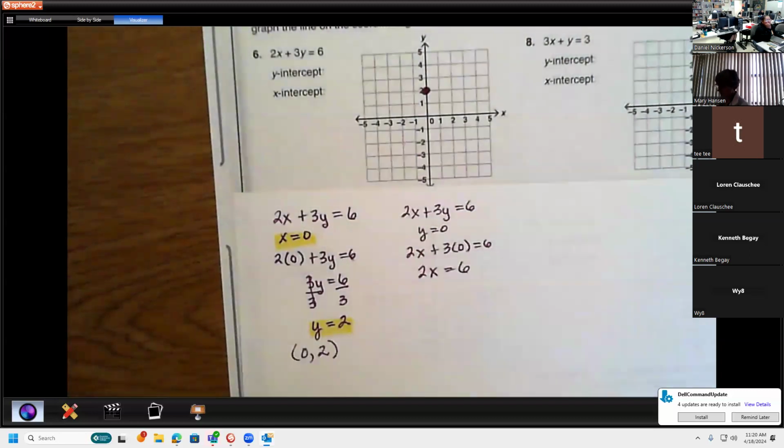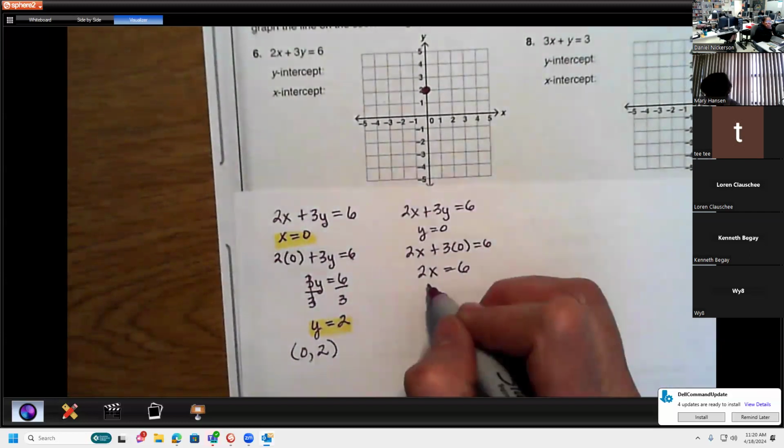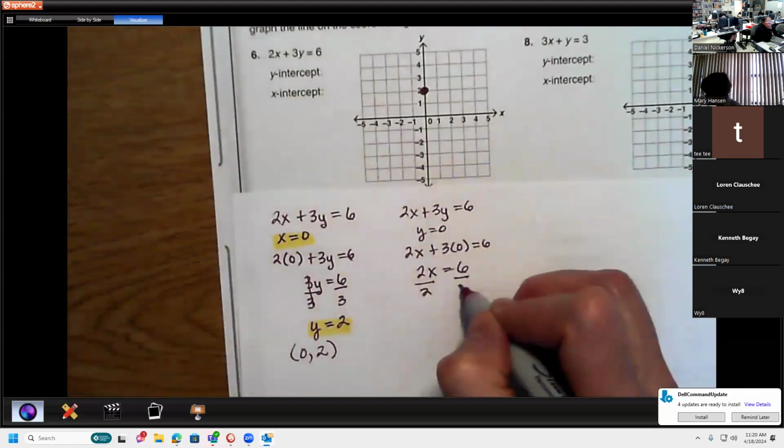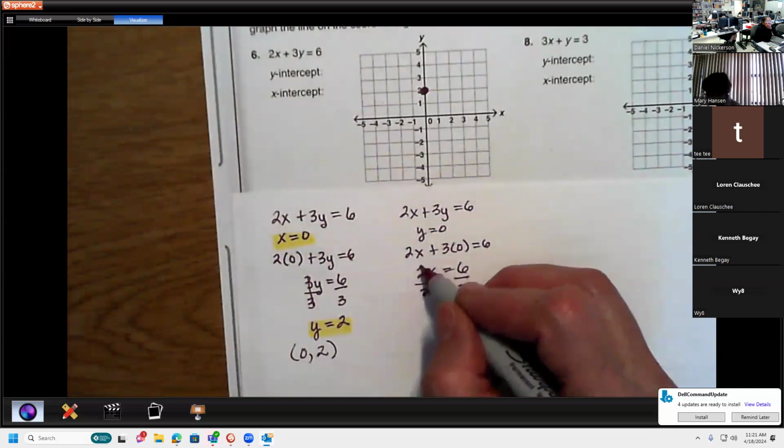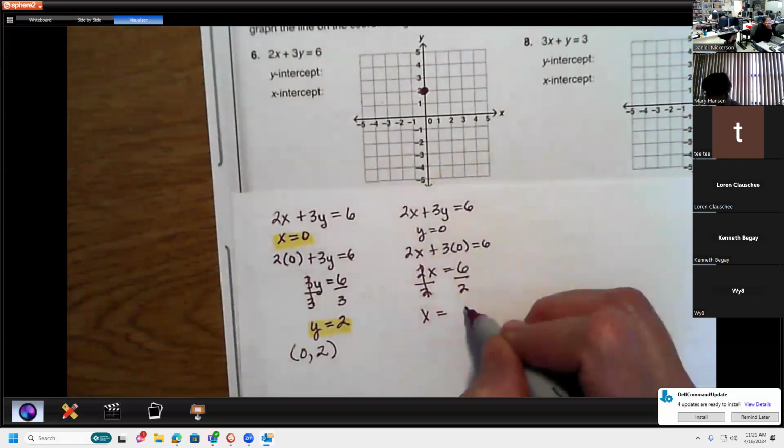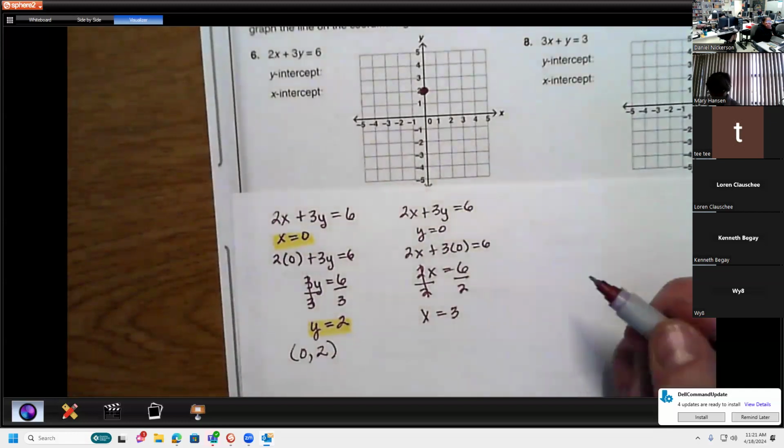The beauty of picking those zeros is it wipes out anything that you're multiplying by it. And then this time I'm going to divide by 2, because this being 2 times x, opposite of times is divide, and 6 divided by 2 is 3.